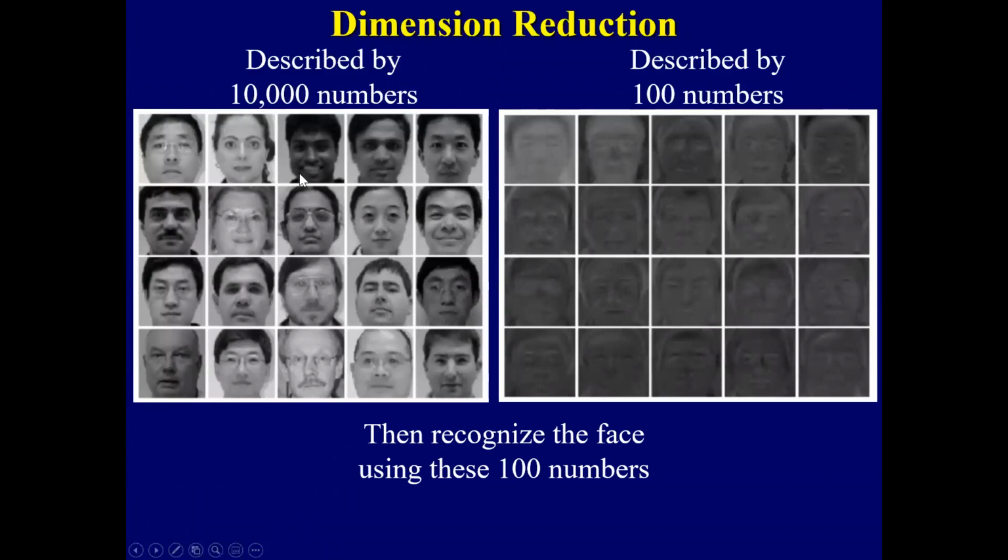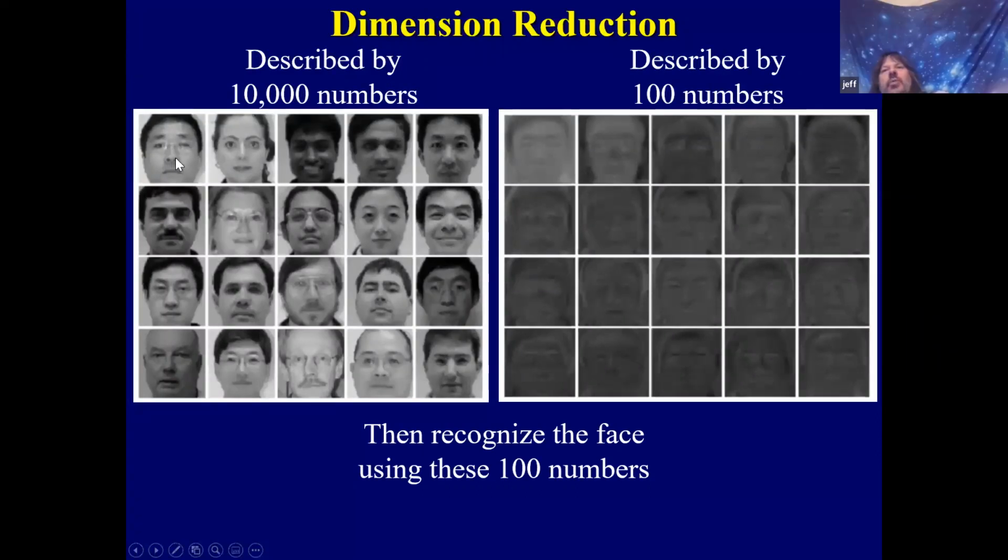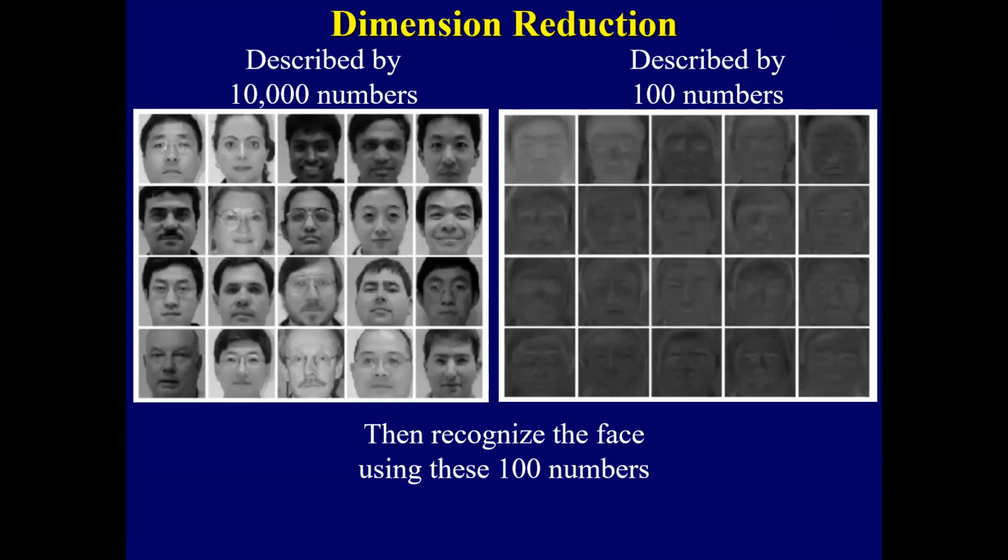So all we're doing is when we project, this is a point with 10,000 values. We project it onto another place with 10,000 values, but it's now within the subspace of only 100 dimensions. Right? Does that make sense? In some way, sure.